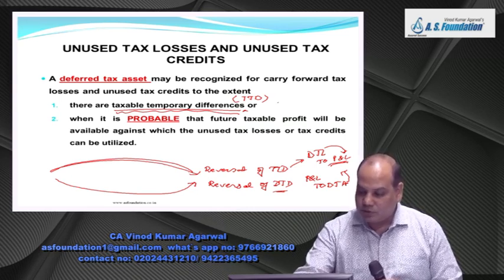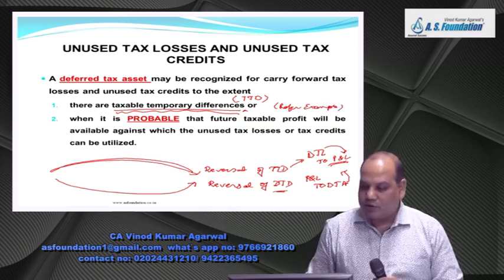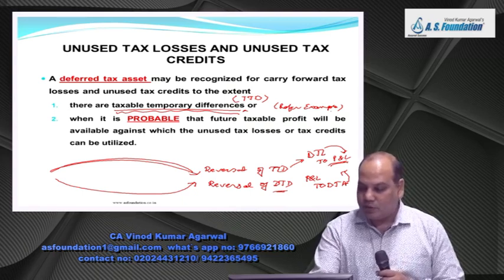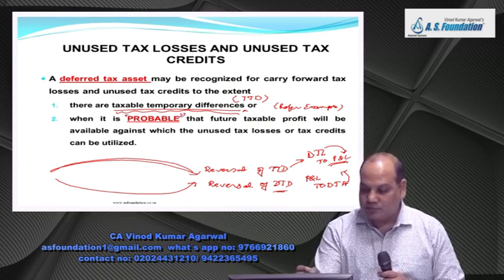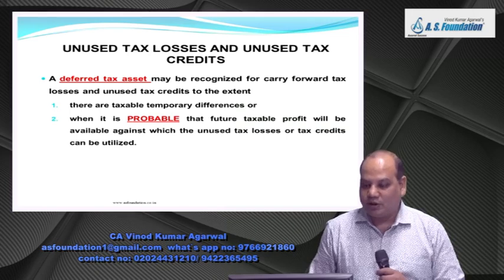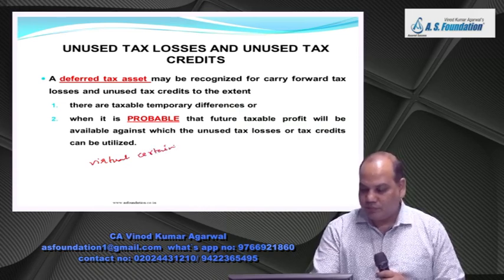Second, we'll take one example on this. Refer example, but example number will come below. Second is when it is probable that future taxable profit will be available. When it is probable, this standard uses the word probable. In some other standards, some other GAAP like Indian GAAP, AS 22, they use the words when it is virtually certain.